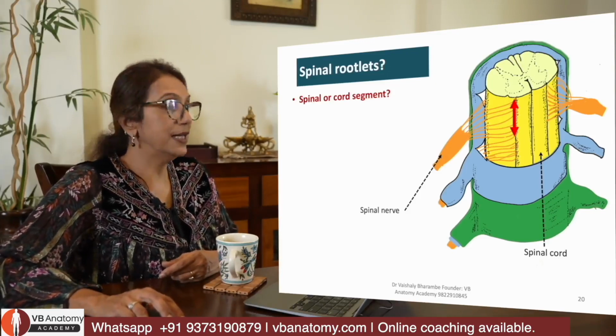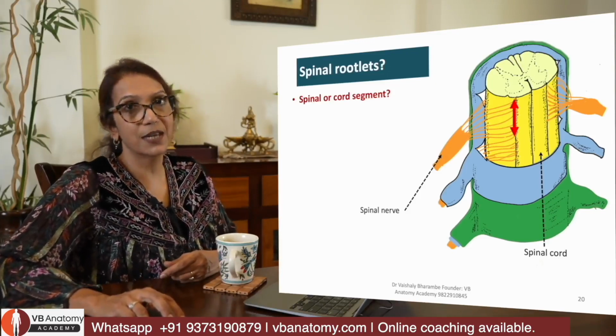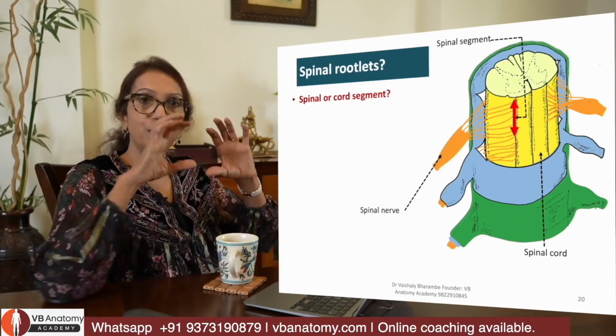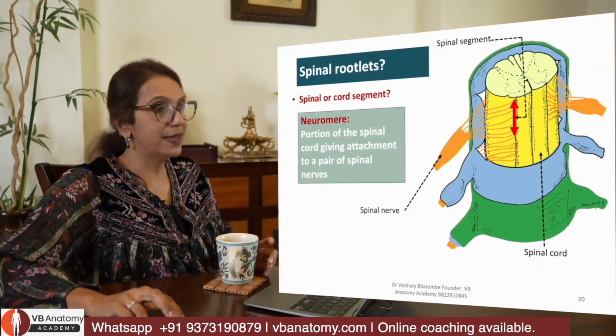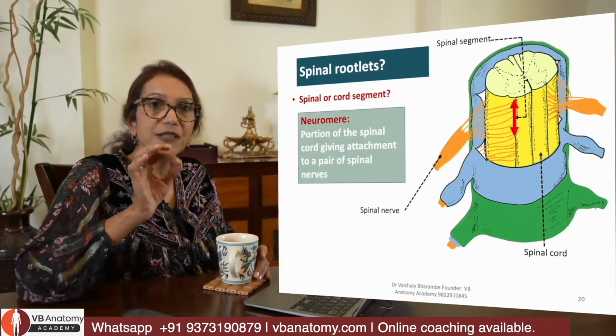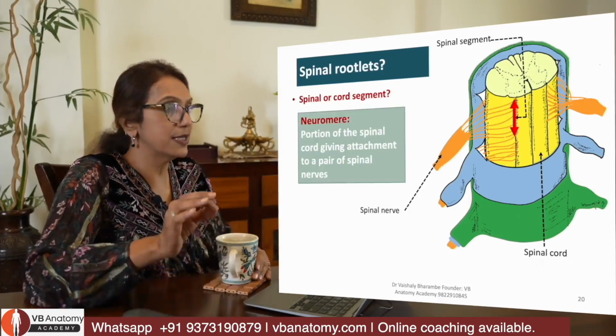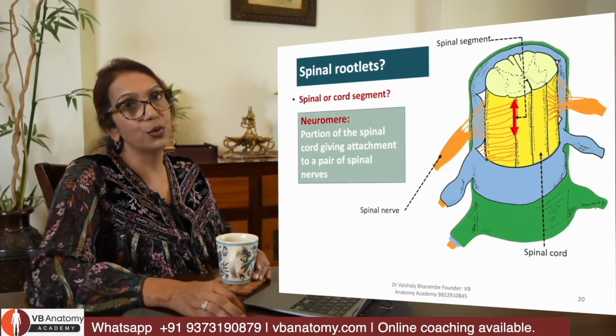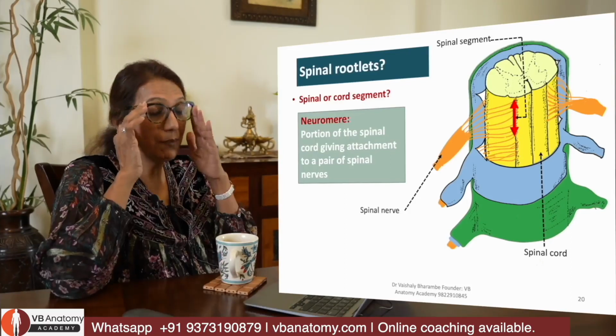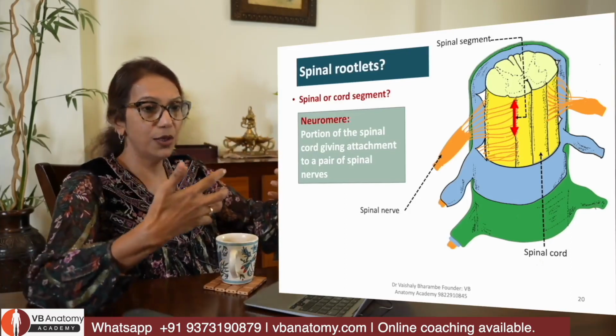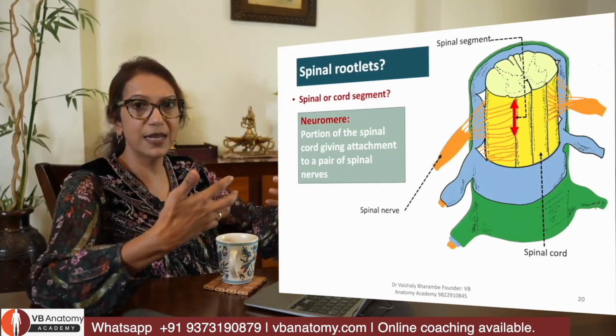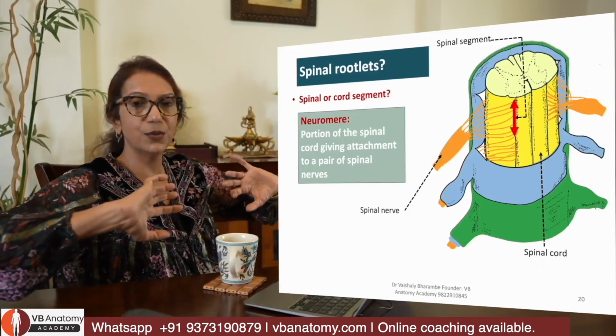Now question is, what is a spinal segment or a cord segment? That portion of the spinal cord that gives rise to a pair of spinal nerves is called a spinal segment or neuromere. Do this once again, please. Imagine all these are rootlets for the anterior side, all these are the rootlets for the posterior side.